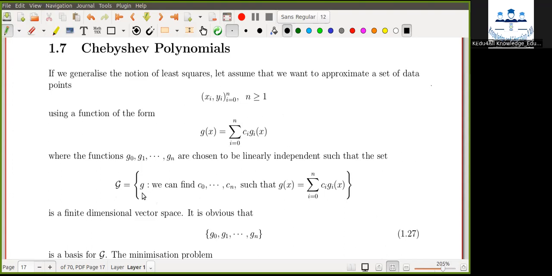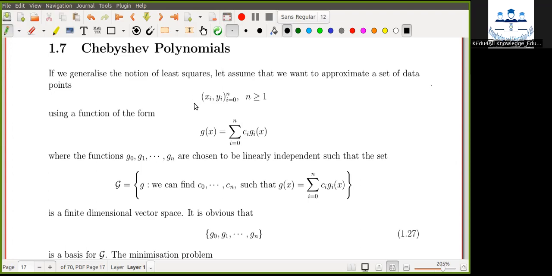So it's a finite dimensional vector space. From that, it is obvious that the set made of g_0, g_1, up to g_n forms a basis of calligraphic G.